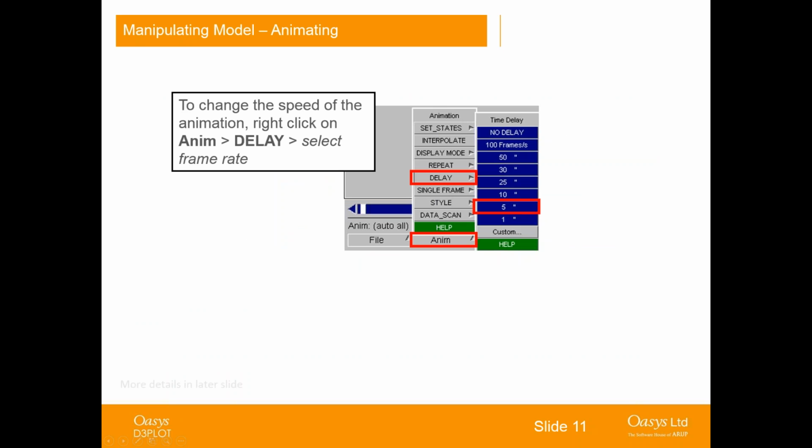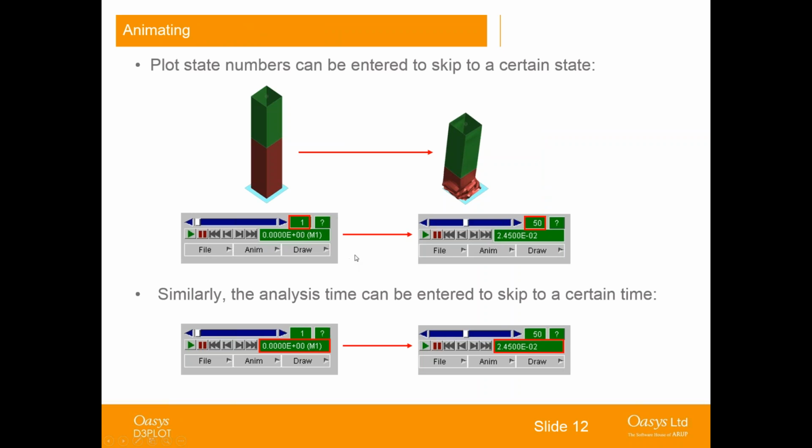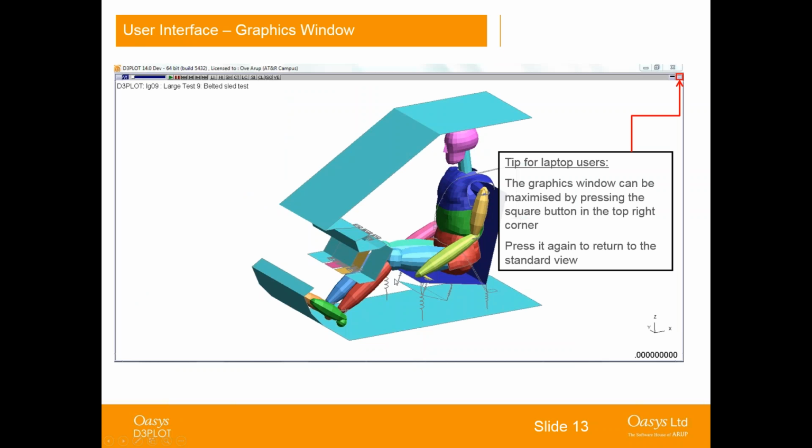If they're running too quickly or too slowly, we can change the frame rate of the animation. We also have full control over which states are shown. This is an example where we're going from plot state one to plot state 50 here, or we can change the time to this value and we'll get the same result. So there are lots of options there.